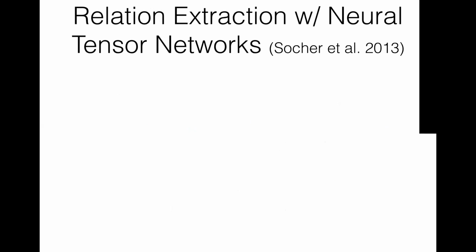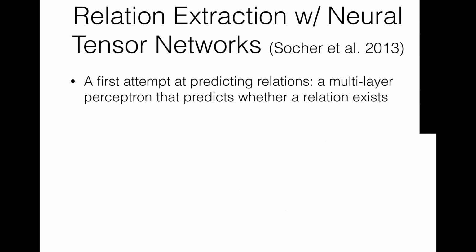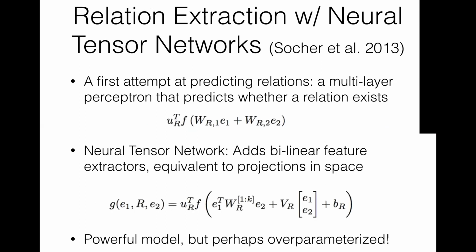I'll give you one example of knowledge base completion using neural tensor networks. Basically, the idea is pretty simple. If you have 2 entity embeddings that you're interested in, you'd like to know if there exists any relation between the 2 entities or not. Equation-wise, it looks pretty simple.